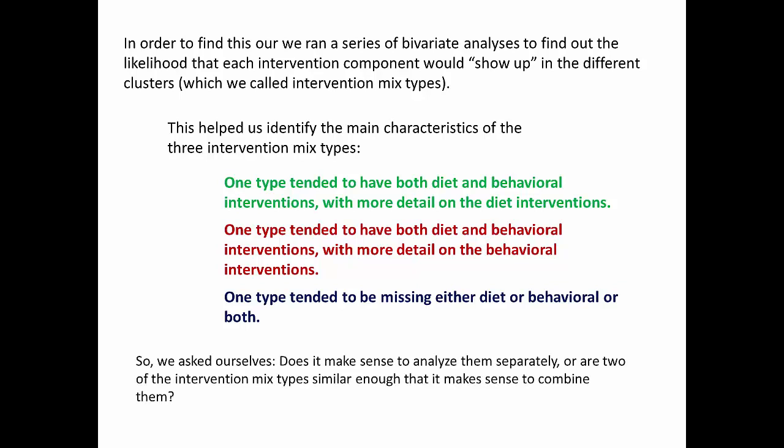So we asked ourselves, does it make any sense to analyze these 3 groups or types separately, or are 2 of the intervention mix types similar enough that it would make sense to combine them? And this is where we drew on the previous research and pediatric weight management guidelines to give us some help.